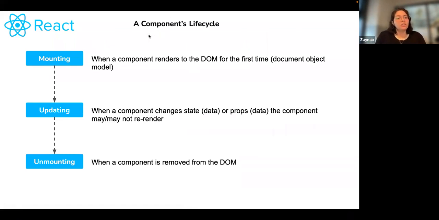So each component has its own life cycle. From the time you start your server, let's say, or you go to that page, it first mounts. So mounting is the first time it renders to the DOM. If there is any underlying data that changes, so anything in the state, or I believe also props, it updates.